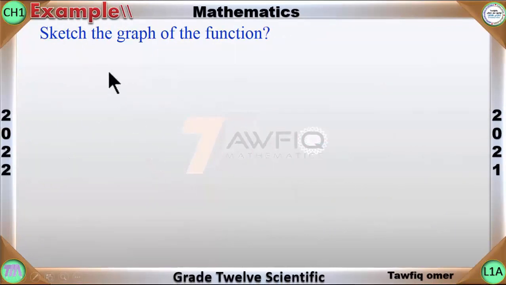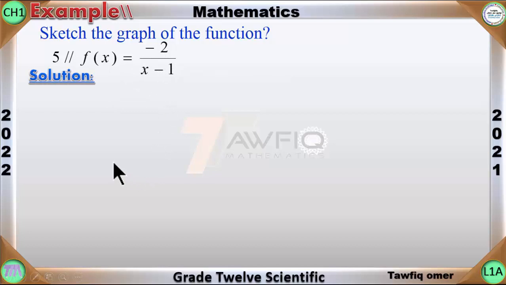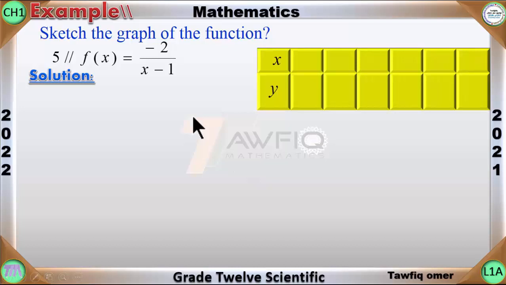Another example: sketch the graph of the function f(x) equals minus 2 over x minus 1. Solution: first of all, take x minus 1 equal to 0, so x equals 1.